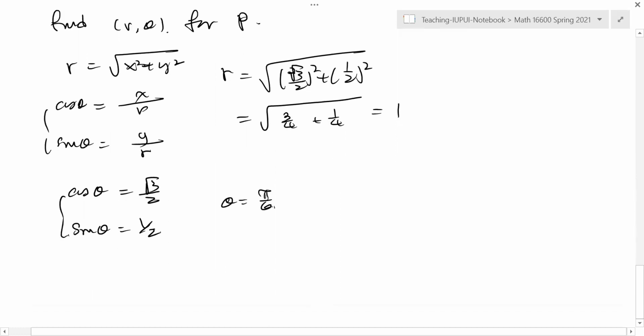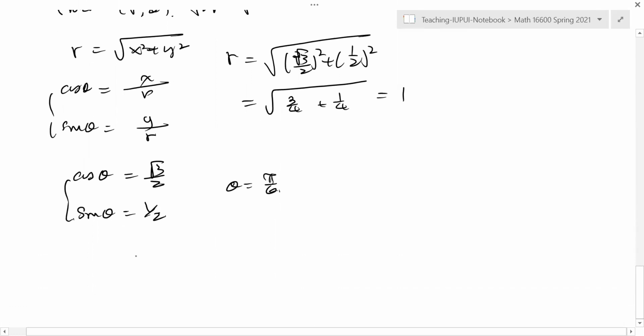So 1 and pi over 6 is the polar coordinate for the point P.